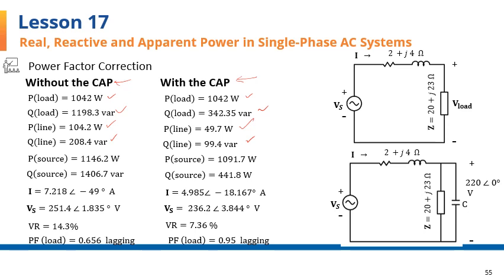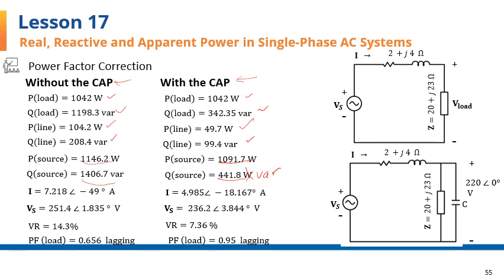You can see the source real power has gone from 1146 to 1091.7, but that's not surprising because the real power loss of the line has gone down, and same with the source reactive power, which has gone down from 1406 to 441. This should be a var, it's a typo.